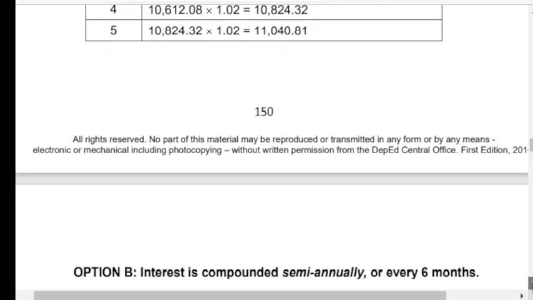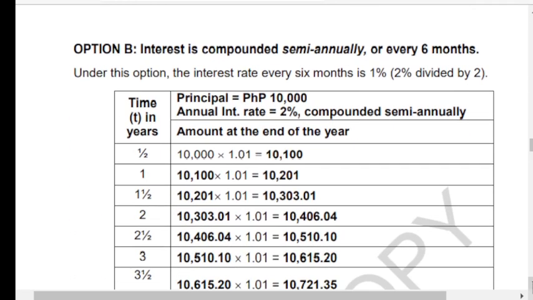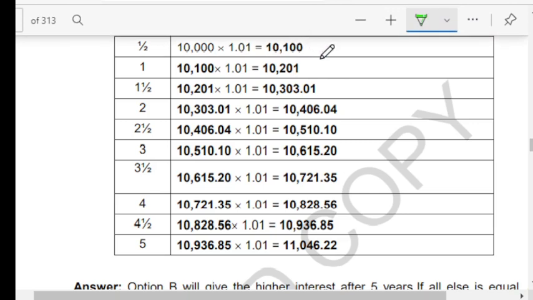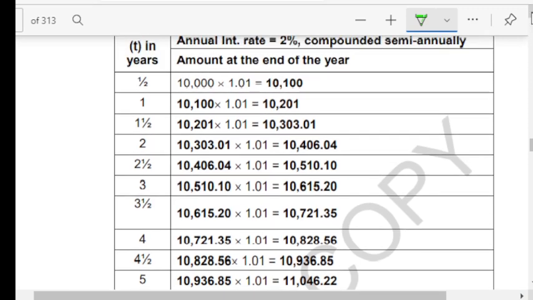Whereas in option B, the interest is computed every semester, every 6 months. After 6 months the money becomes 10,100, times 1.01, 10,201. That is 1% only, because the 2% is good for 1 year, so this is 1% every 6 months.